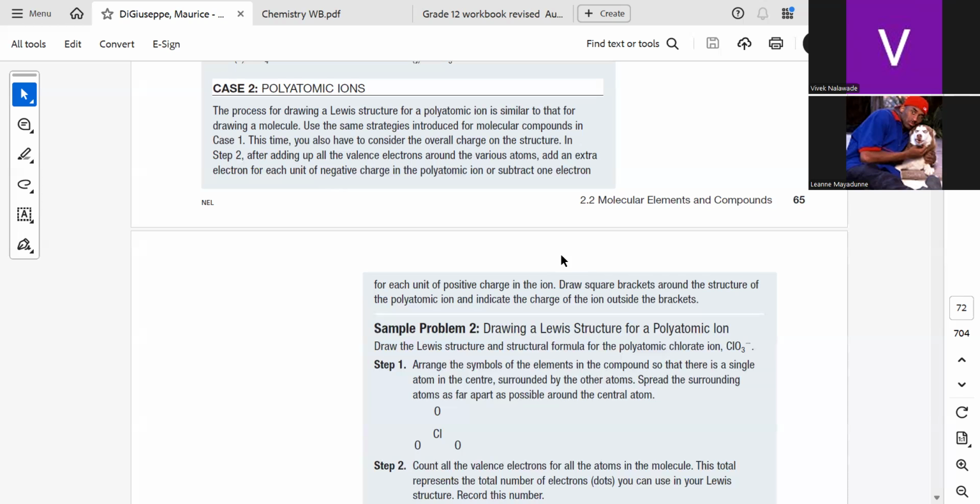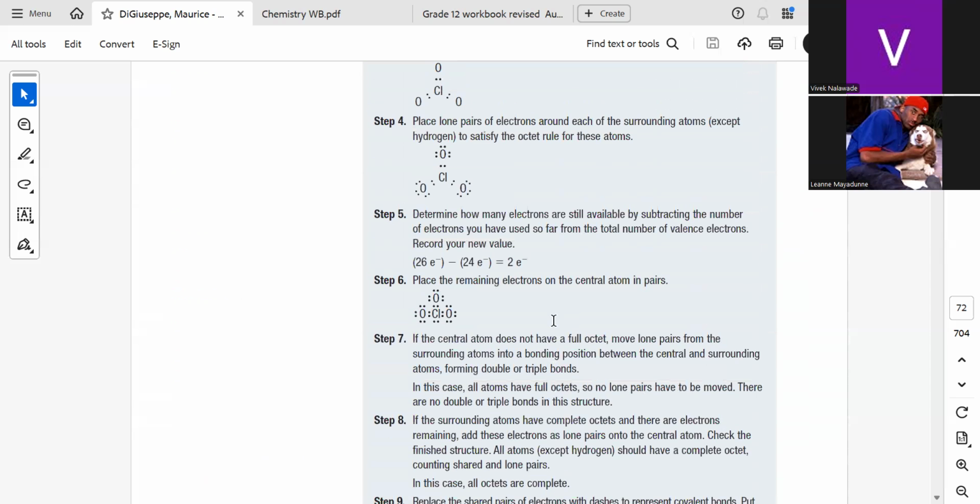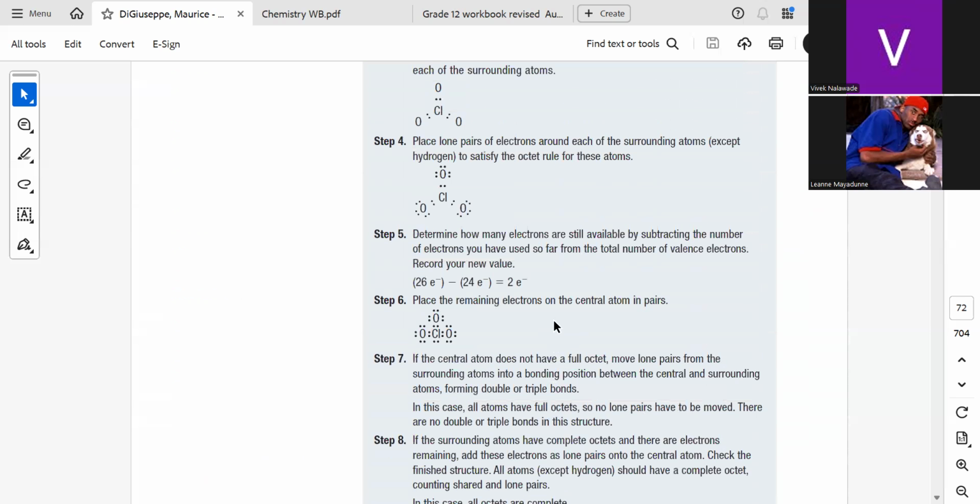Hydrogen and fluorine will never be the central atoms. So now chlorine becomes the central atom.